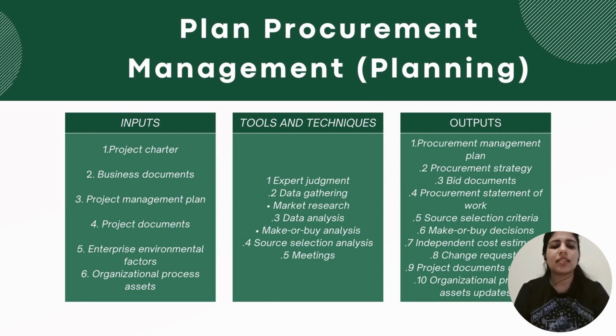Project document updates are the changes made to project documents throughout the project life cycle. Organizational process asset updates are the changes made to organizational internal processes, policies, procedures, and knowledge bases. This is all about plan procurement management planning.